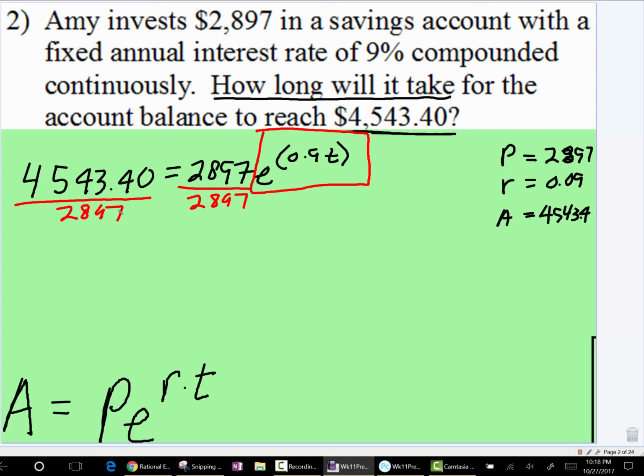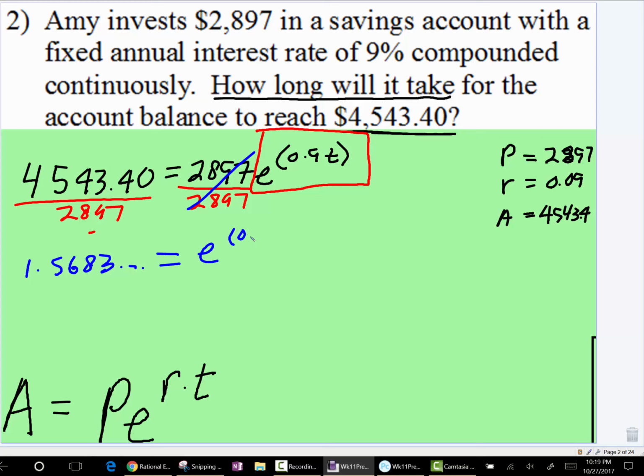When we type in 4543.40 divided by $28.97, we are going to get this value 1.5683, some more stuff. I'm going to hit store on the calculator, and now those cancel, leaving e to the 0.09t.